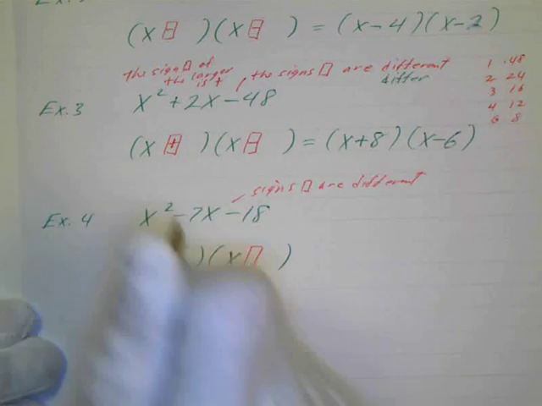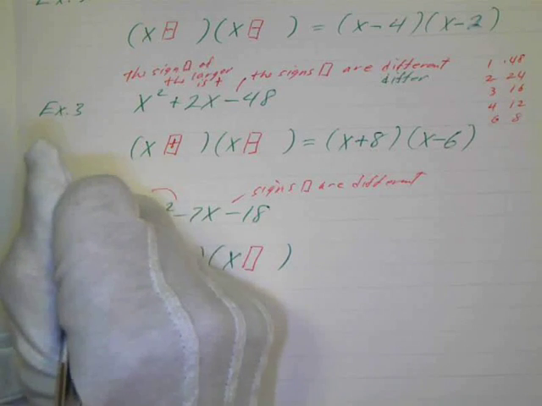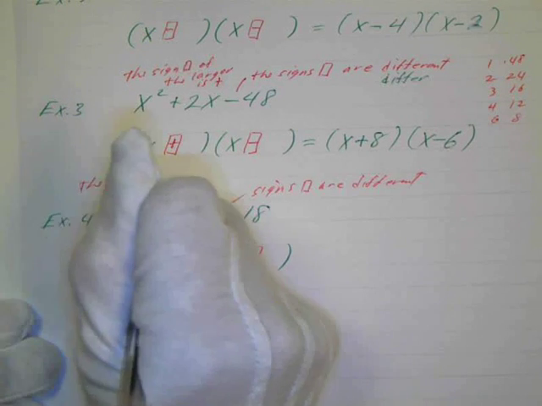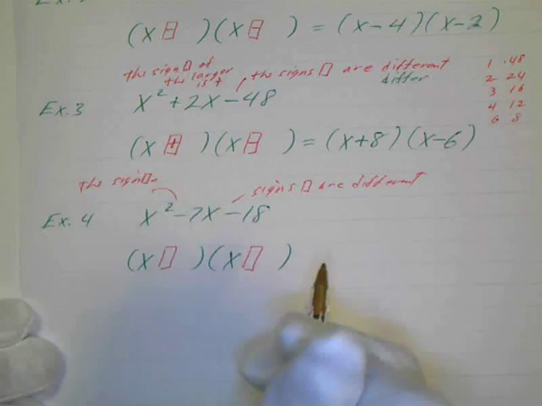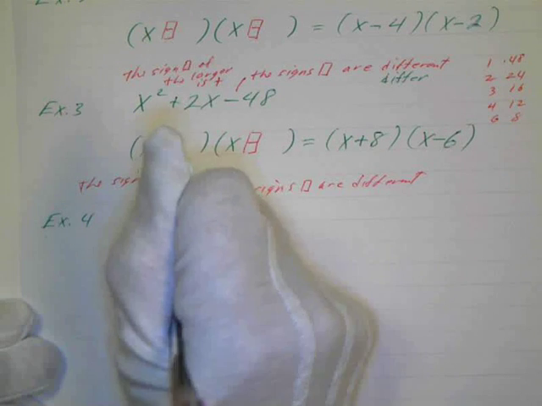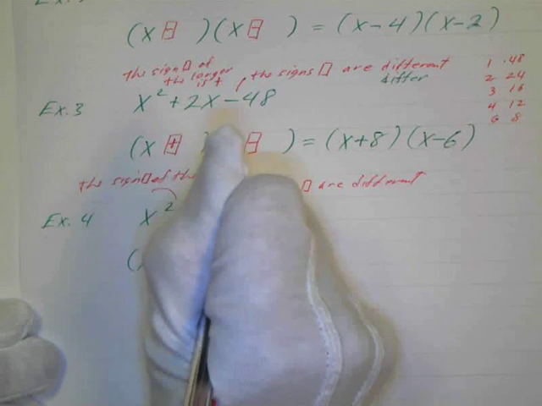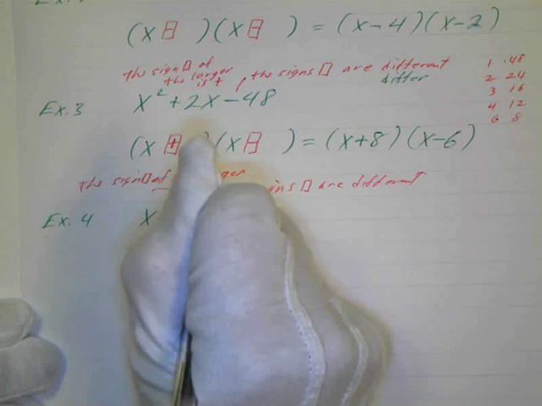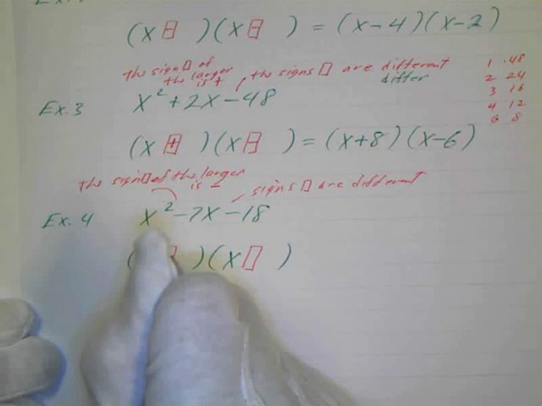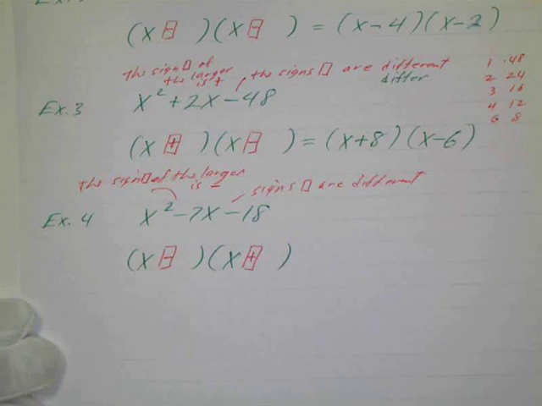And this tells me the sign of the larger will be negative. So I always put my large on the left. And that's what we've got.